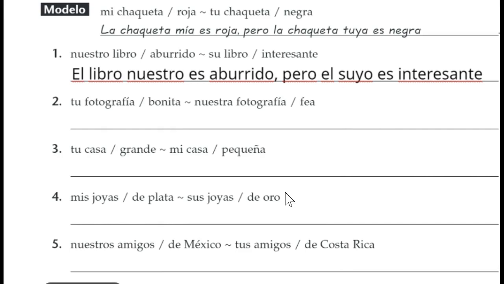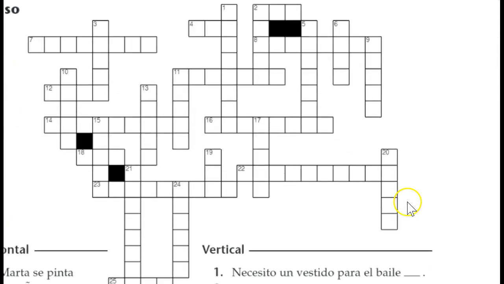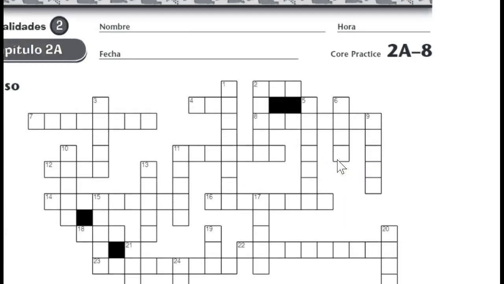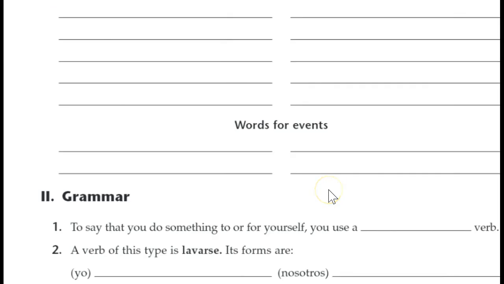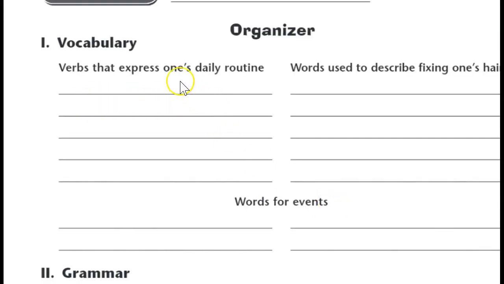This will finish Unit 2. Muchas gracias. For the rest of Unit 2, you can do this crossword puzzle as a little review. That's all your vocabulary. And a little organizer, talking about your daily routine. How can you talk about that, like despertarse, to wake up, levantarse, to get up, ducharse, to take a shower, bañarse, to bathe, and so on and so forth.